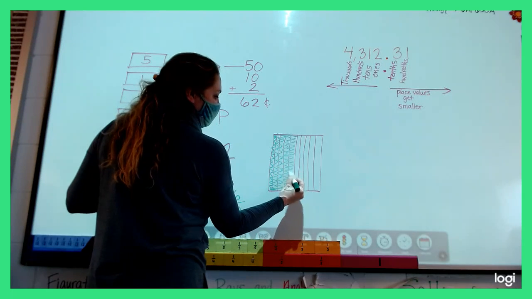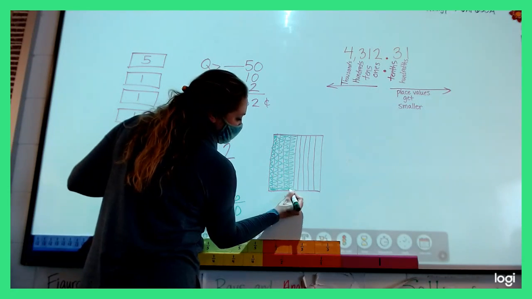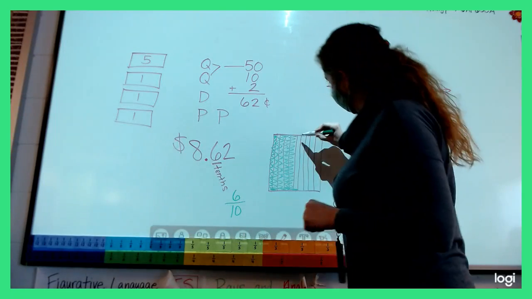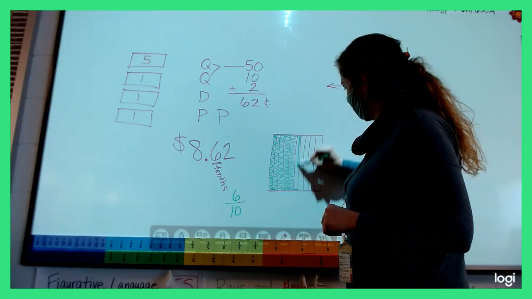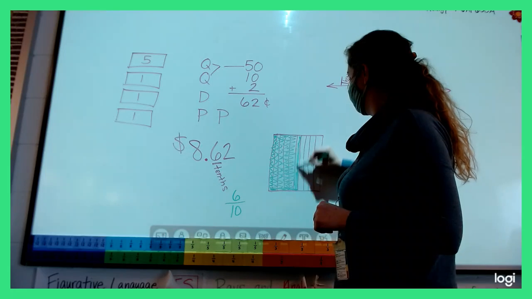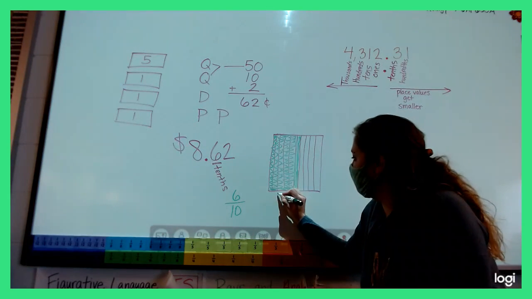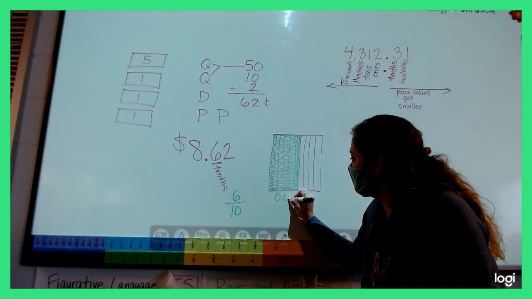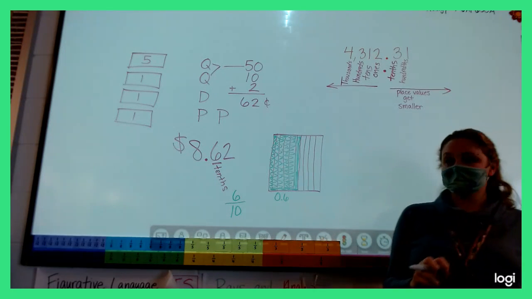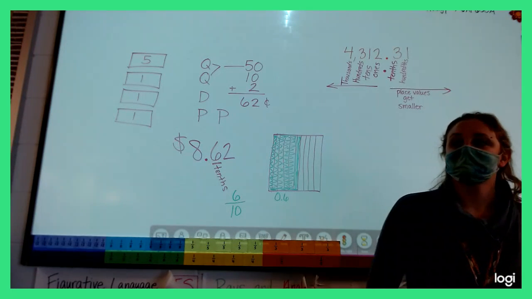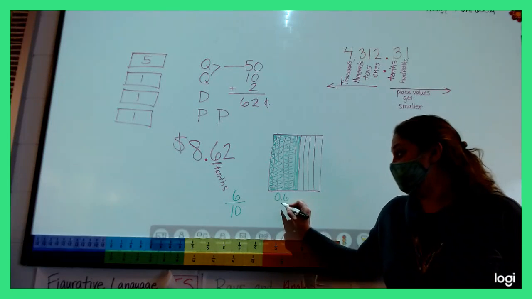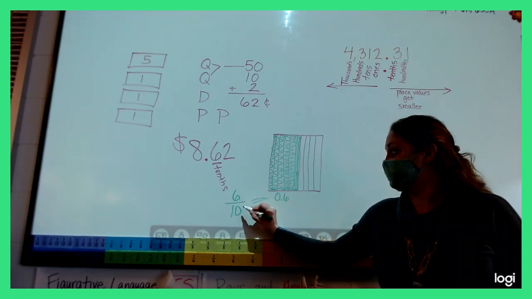Remember, you don't have to be really neat until you're at the last. I need to know definitely where you ended your shading. All right, so down here I have 6/10 shaded. And remember, that number means the exact same thing as this 6/10.